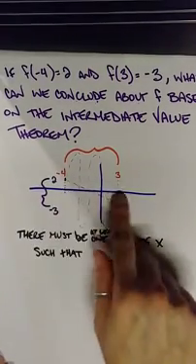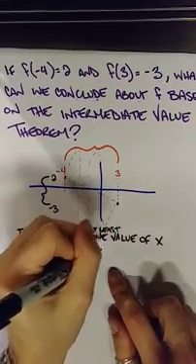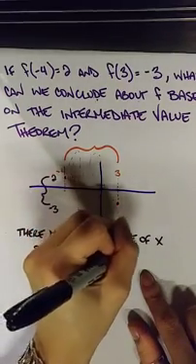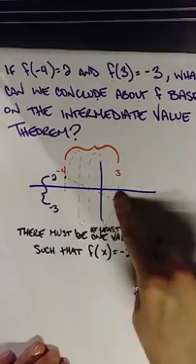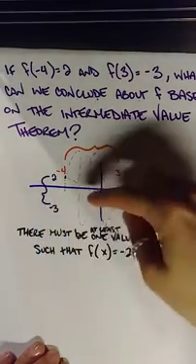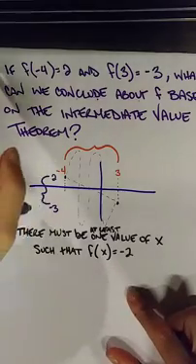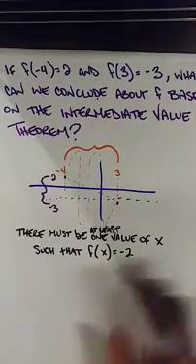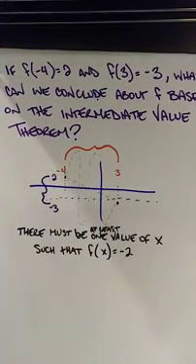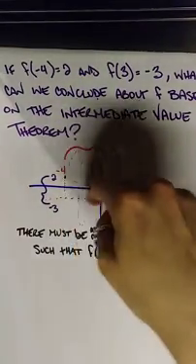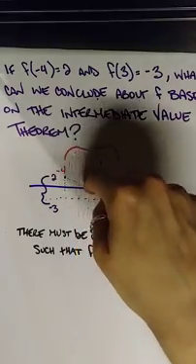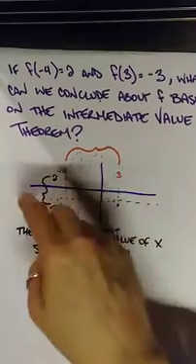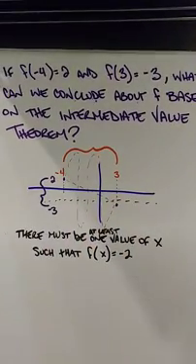There must be at least one value of x such that f of that value equals -2. Somewhere in here, I have to cross through -2. That's going to be the dotted line that'll go right here, right above -3. So somewhere in here, I cross that once. There's one f of x that gives me a -2 as I go from -4 to 3, right? I have to cross that line. I get -2 as a y value somewhere in there, okay?